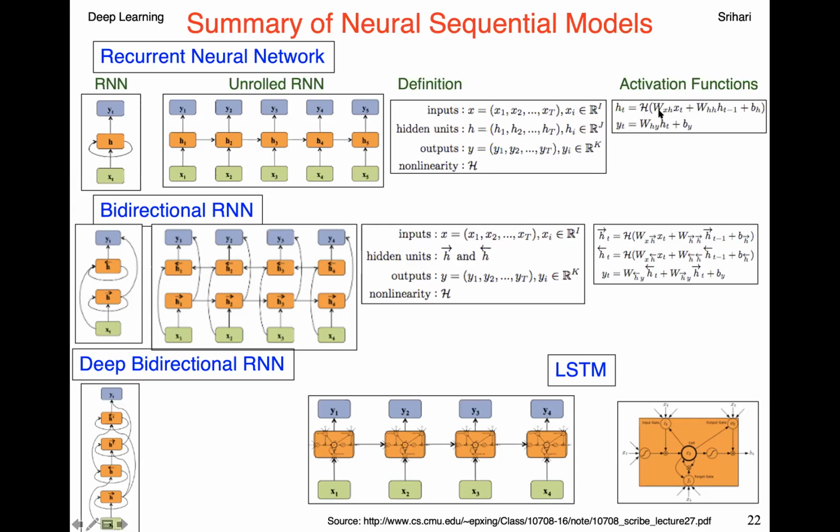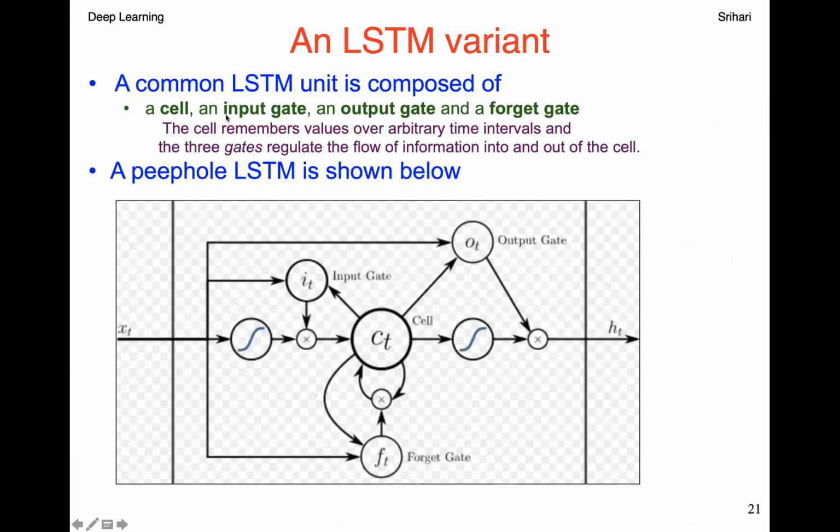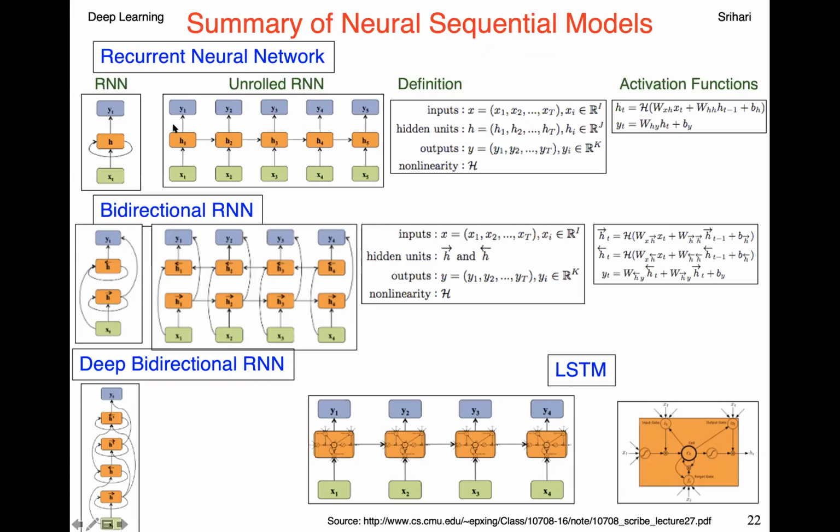Input x is multiplied by Wxh, and ht minus 1 is multiplied by Whh. There is also a bias term, producing ht. And then yt itself has its own set of weights. So this is again a fairly straightforward set of equations defining a standard RNN.